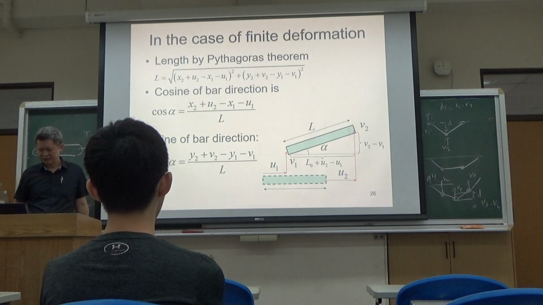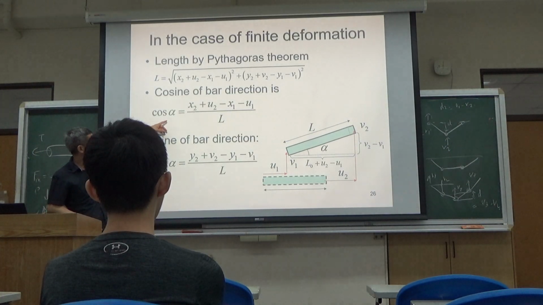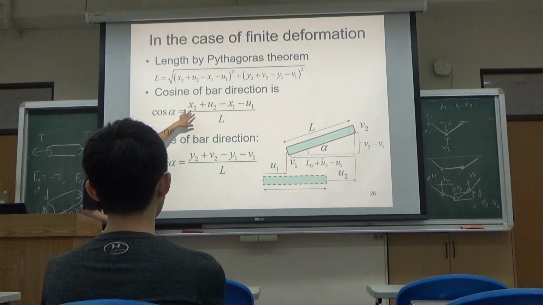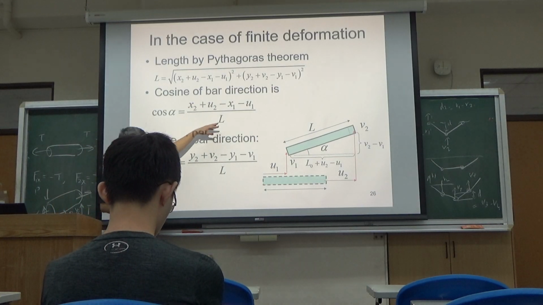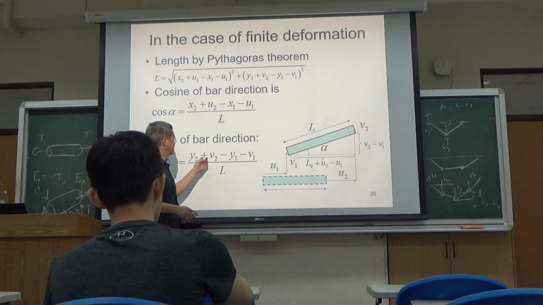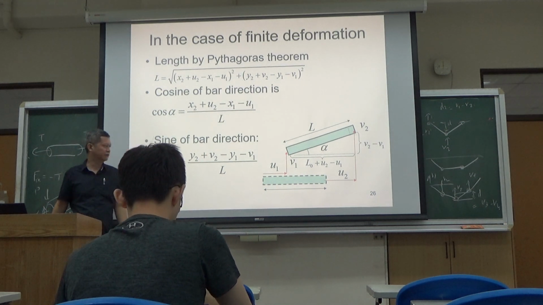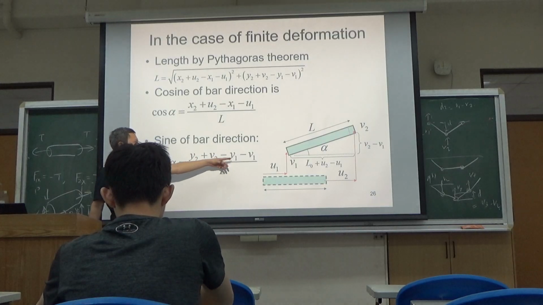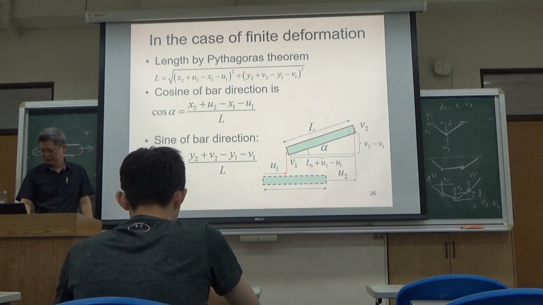Okay. So now you can see what is the cosine angle. Cosine angle change is the right node horizontal position minus the left node horizontal position divided by the length. What's the sine angle? Sine angle is then the right node height minus the left node height. Okay.